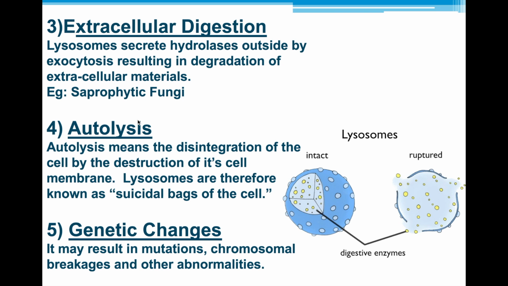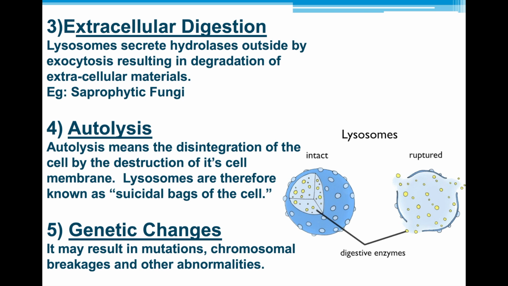Next one is autolysis. Autolysis is the destruction of cells or tissues by their own enzymes that are released by lysosomes. In layman's language, we can say that autolysis is self-digestion. Autolysis means the disintegration of the cell by the destruction of its cell membrane.